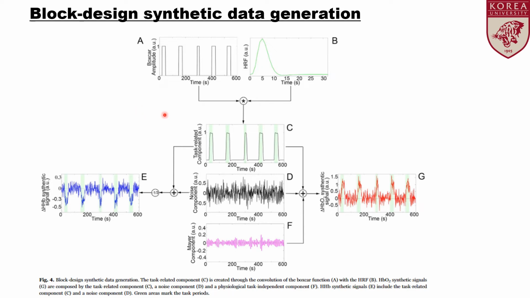In this figure, we can see the block design of oxyhemoglobin synthetic data generation, and they set the sampling rate at 1 hertz and the duration was set at 600 seconds.